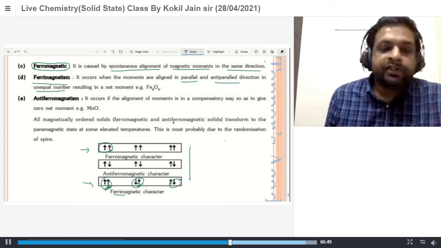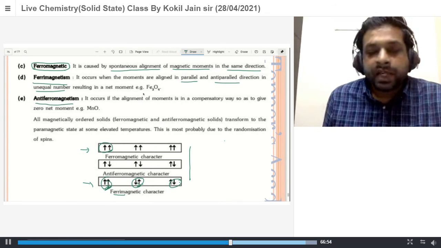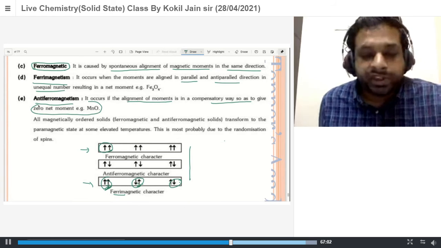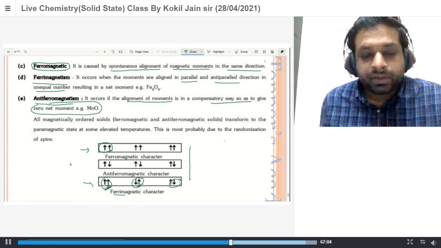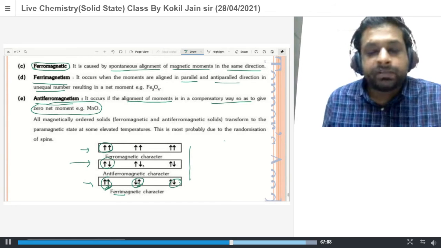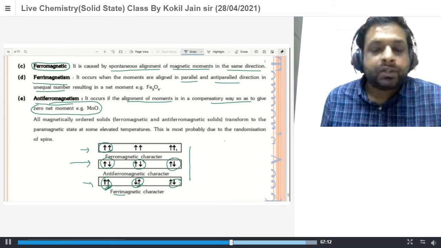But in anti-ferromagnetic compounds, the alignment of moments is in a compensatory way so as to give zero net moment. See the middle one. They are aligned in such a way that the effective magnetic moment is balanced.